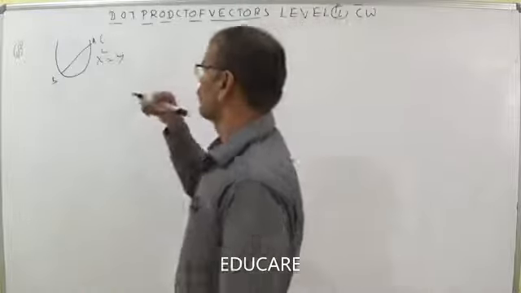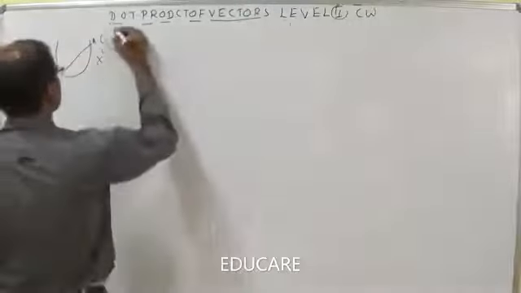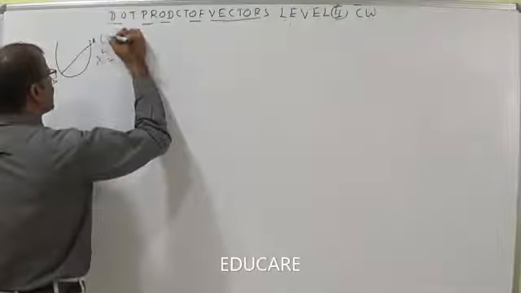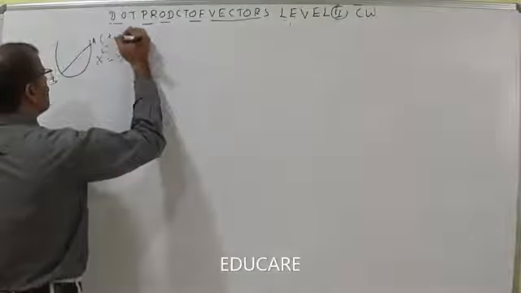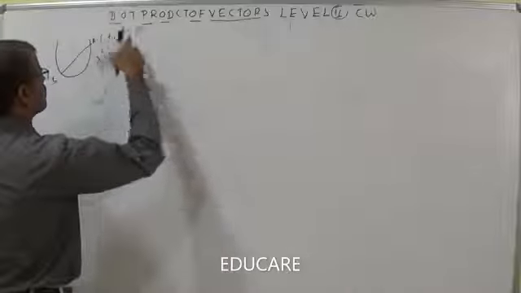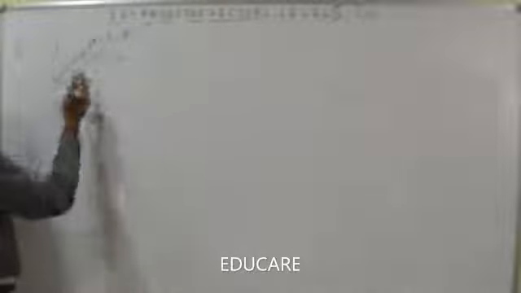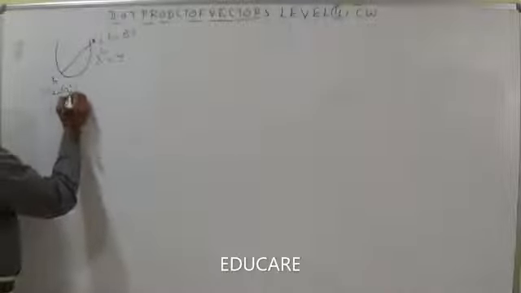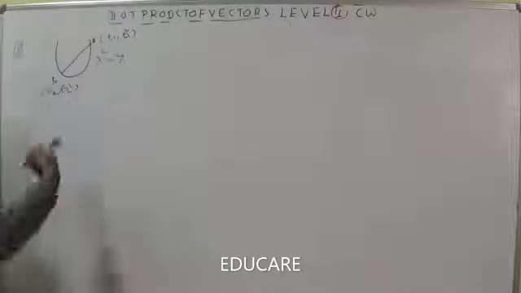Like that we can put the parametric point. If 2 points are there, then you can indicate with the letters T1 and T2 separately. If A is equal to T1, you take (T1, T1 square) as the point because y equals t square. So here you write (T2, T2 square).